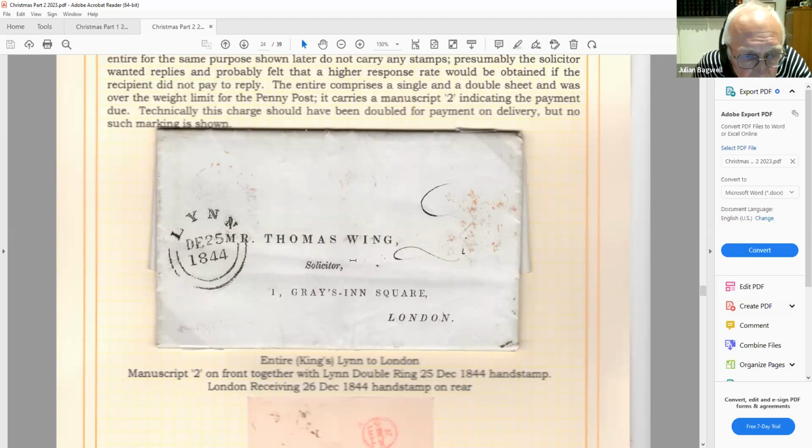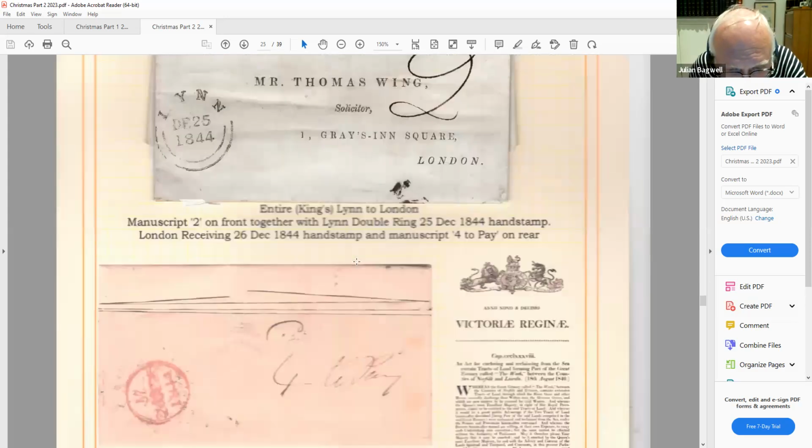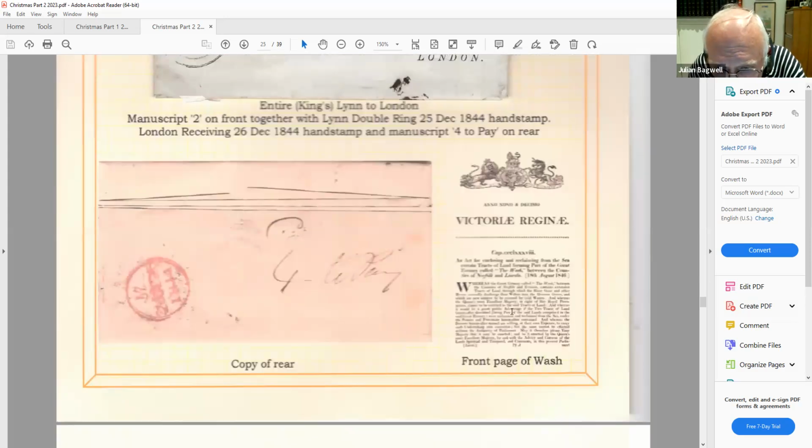So he was prepared to pay the twopence rather than the penny. That's one example, and here's another example. And here's actually the Wash Act, the front page of that act. I think that's quite a nice, interesting example of social history and the sort of things that went on at the time.